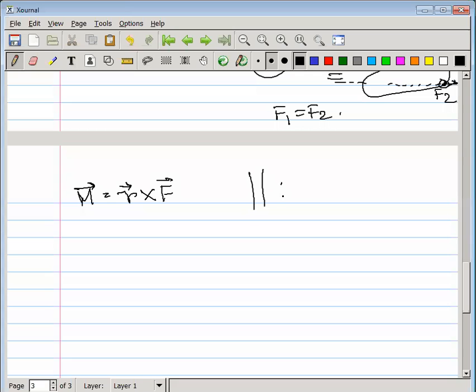Normally you know that moment is the force into perpendicular distance, but in vectorial notation, the cross product of any position vector with the force applied on that system creates a moment.